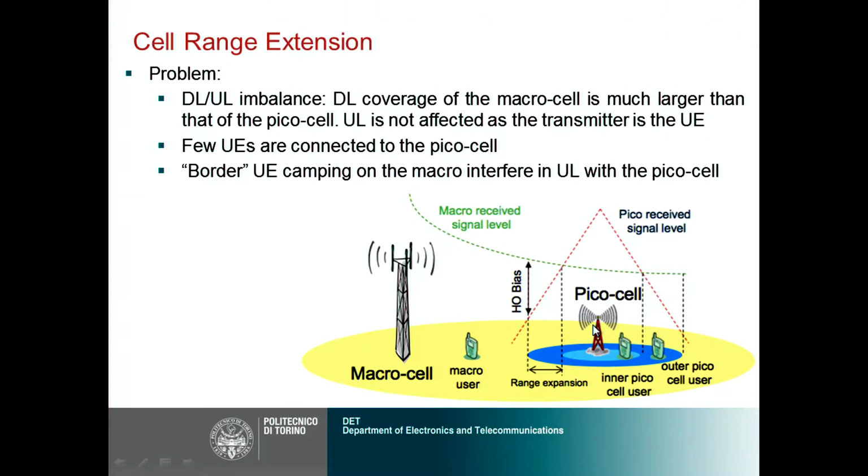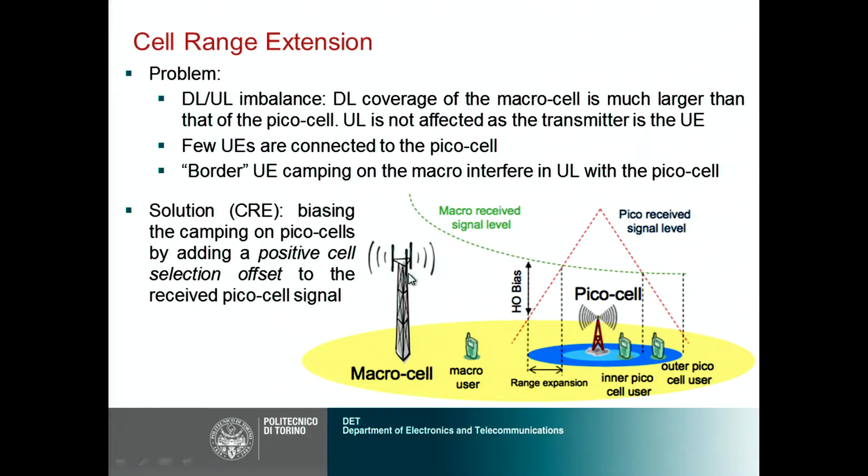So for this reason, to avoid this problem, what you're doing is you add a selection offset. Basically, you trick the outer picocell user into believing that the picocell is strong, has got a stronger signal, even though it doesn't.